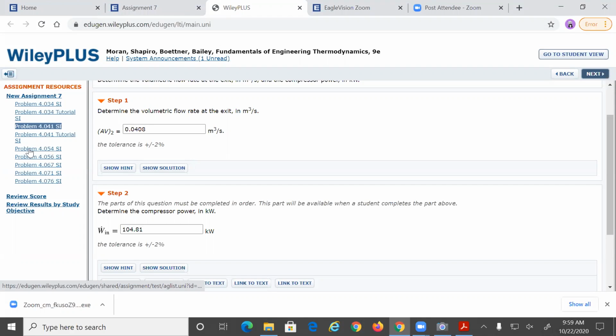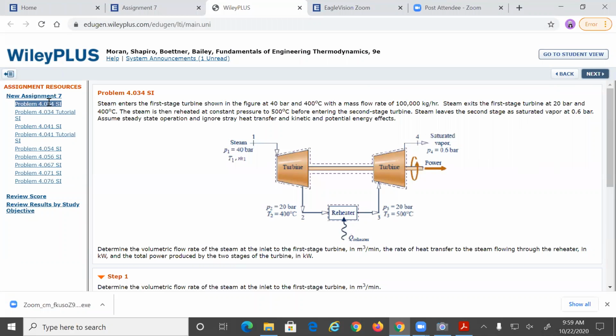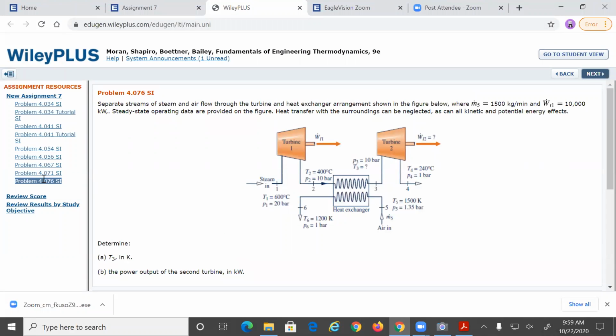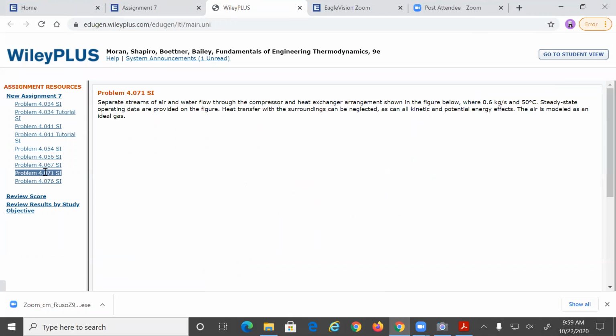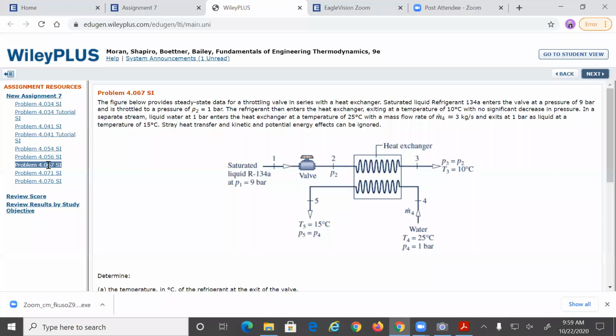Okay, here we are on the assignment. Which one do you want to do over here? I think the first one, when I look at it, was a good problem. You choose this one, this one. This one looks about the same. This one.